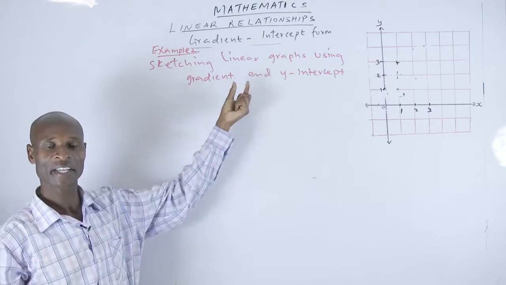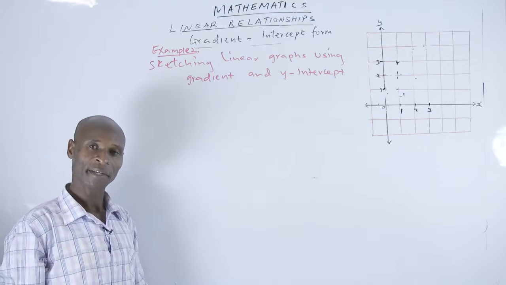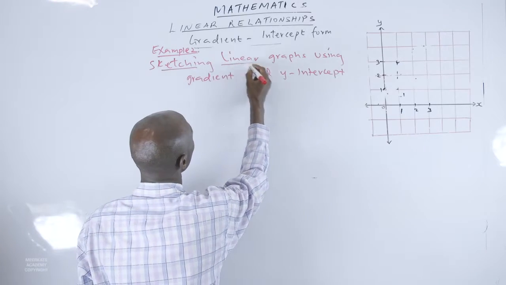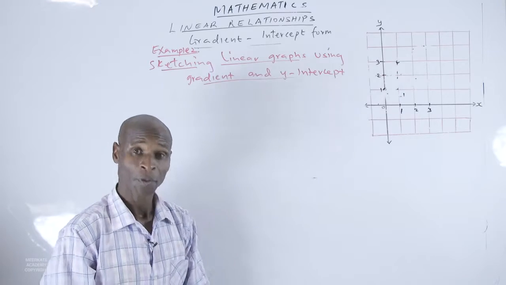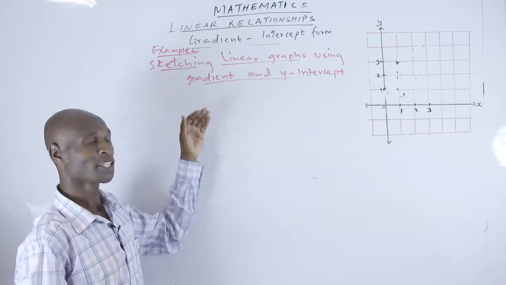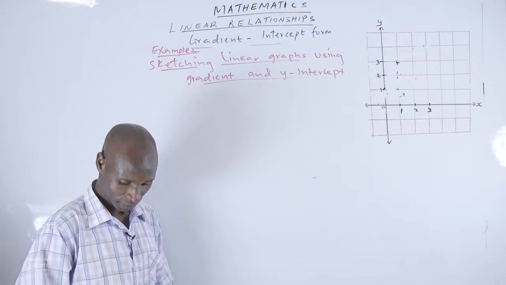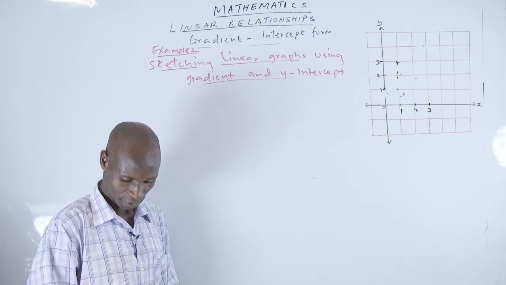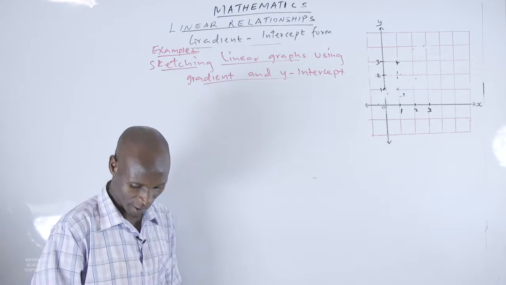How do we sketch linear graphs using gradient and y-intercept? We can illustrate this using an example as follows. Find the value of the gradient and y-intercept for these relations and sketch the graphs.